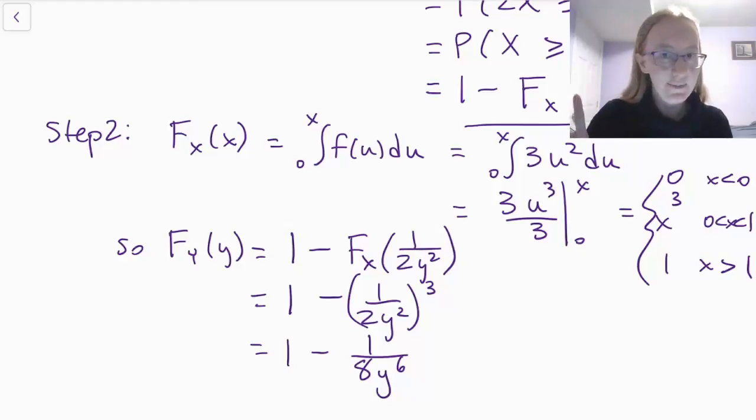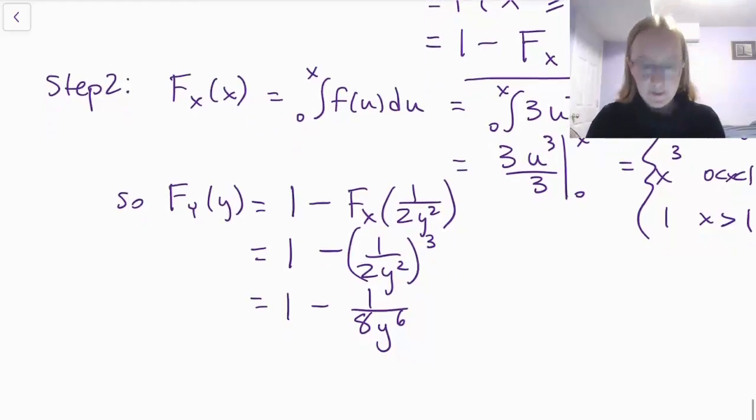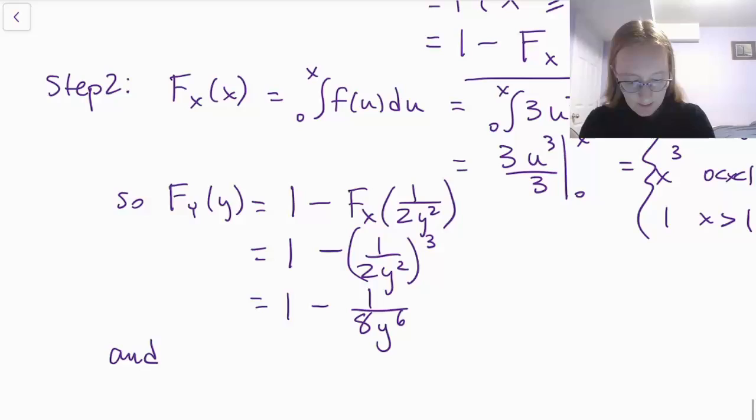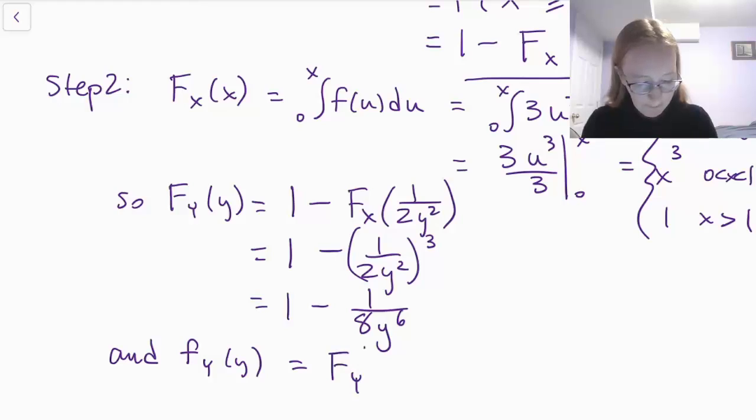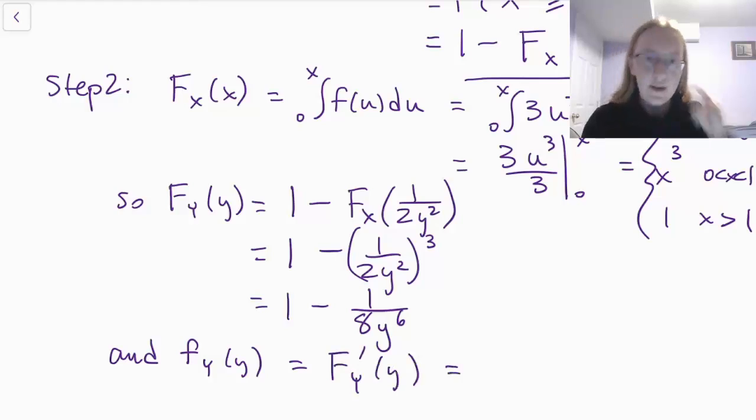But that's not done because we wanted the PDF of y, not the CDF. So we can say little f sub y of y is going to be big F of y prime. So it's going to be the derivative of this. And so the derivative of this, the derivative of 1 is nothing, and the derivative of negative 1 over 8y to the 6th, that's 1 over 8y to the negative 6.